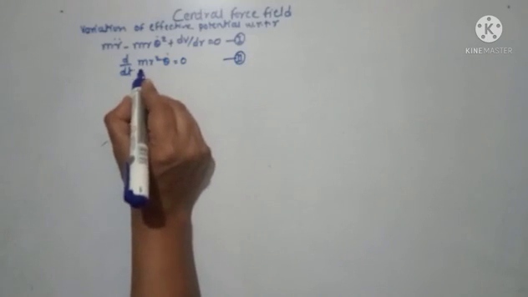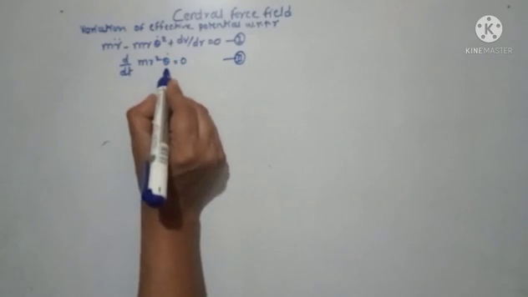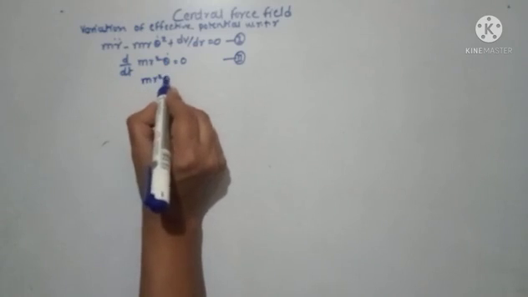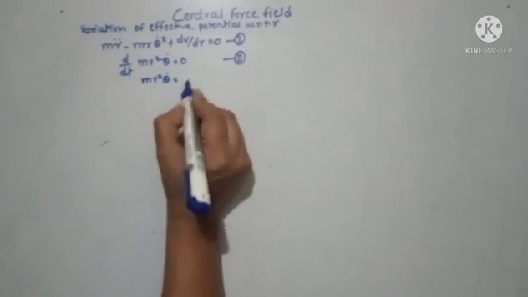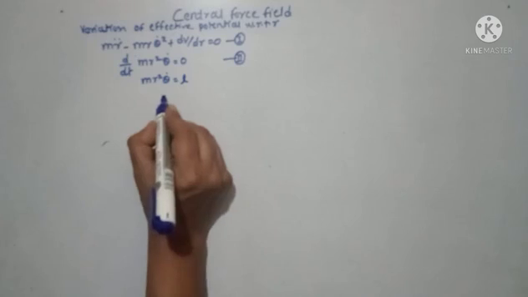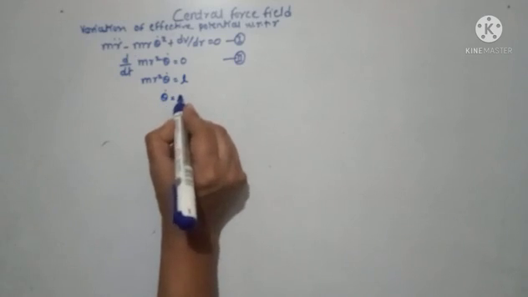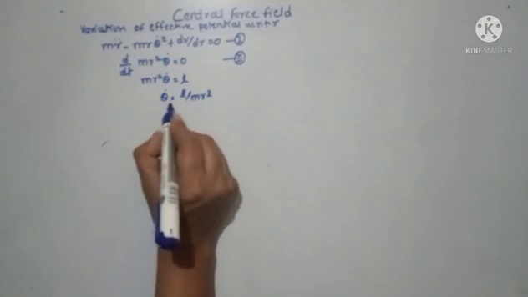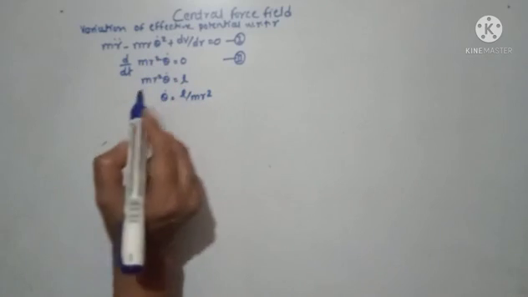As the derivative of this term is 0, this term must be constant, and we have called that constant L. Therefore theta dot is equal to L upon m r squared. Just put this value of theta dot into this equation.